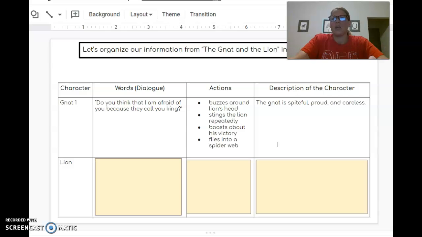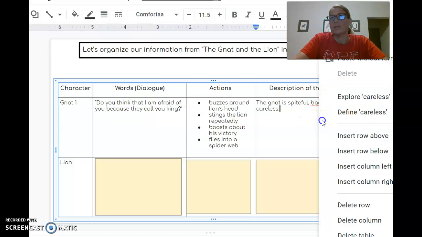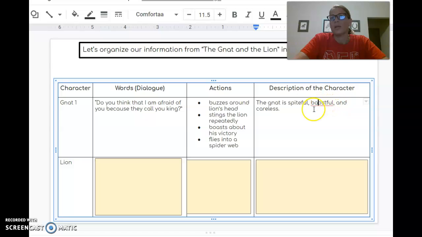So I'm going to change that word to boastful. I think it represents the way he was acting better. Please spell my word correctly. B-O-A. And careless. He was careless when he flew into that spider web because he was so busy boasting he wasn't paying attention to where he was going.